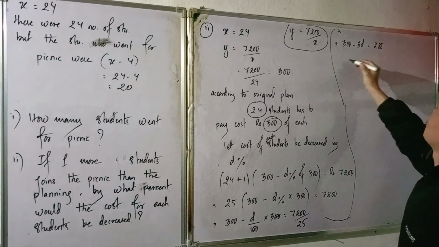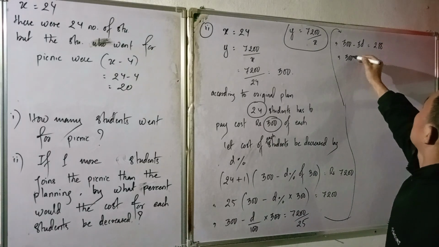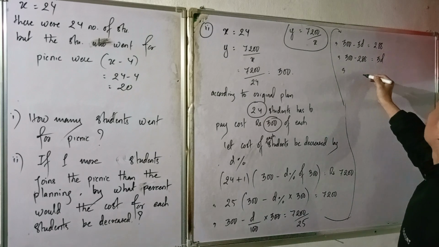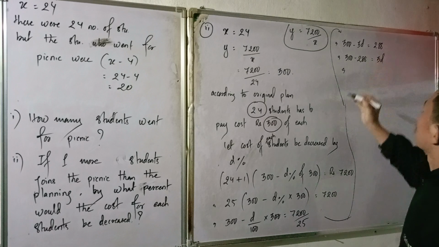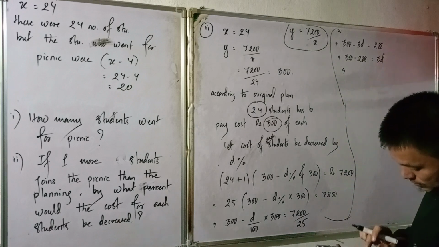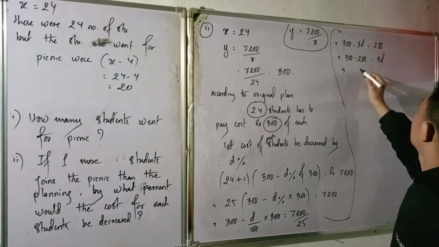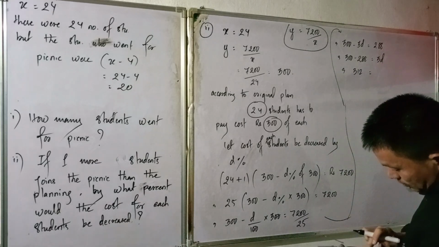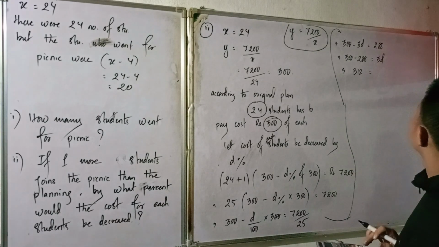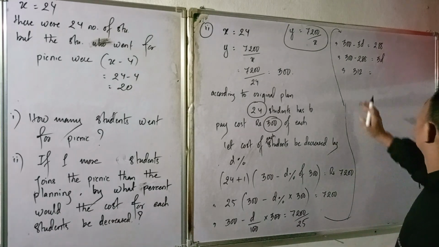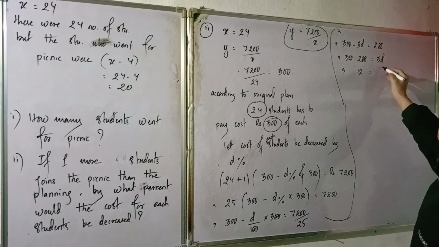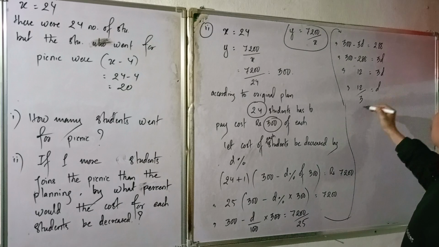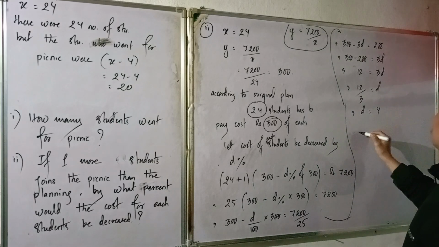Now further simplify: 300 minus 288 equals 3d. 300 minus 288 is 12, so 12 equals 3d, or d equals 12 divided by 3, d equals 4.